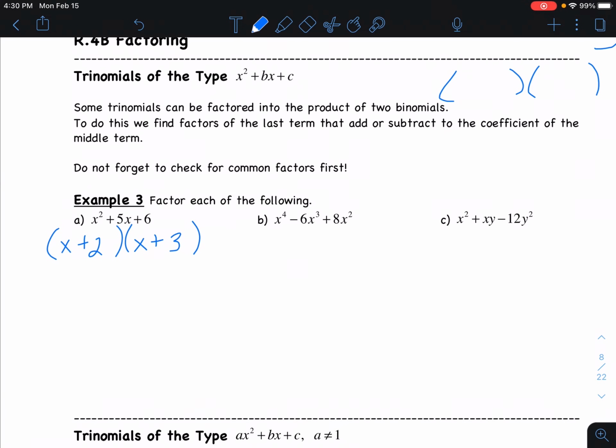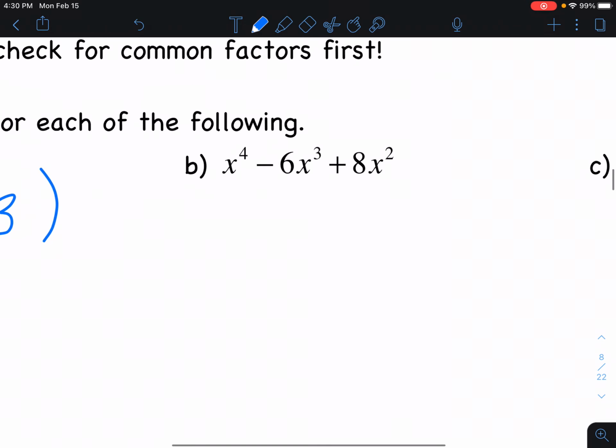Okay. We're going to up the difficulty a little bit for letter B. So I'm checking, do I have a common factor here? Yes, I do. Of those three terms, all of them have an x in it. So I am actually going to start off this problem with a GCF. Your GCF of the three terms is x to the second power.